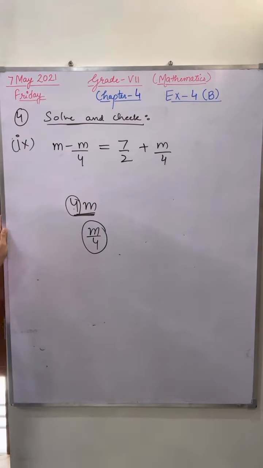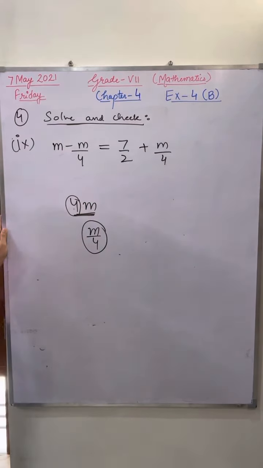The LCM of 4, 4 and 1 is 4. 1 4 is 4, 4 into m, 4m, minus 4 1s are m will be m only, is equal to 7 by 2. m minus m minus 2m, minus 2m plus 4m is 2m. 2m divided by 4 is equal to 7 by 2. Now you can cancel, so it is m by 2 is equal to 7 by 2. Any doubt up to here?